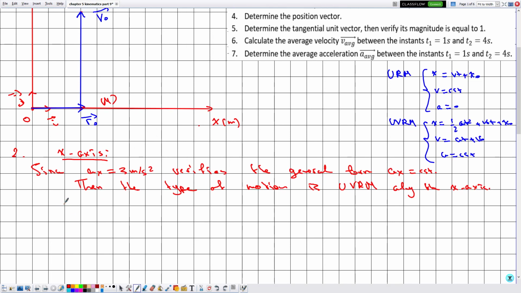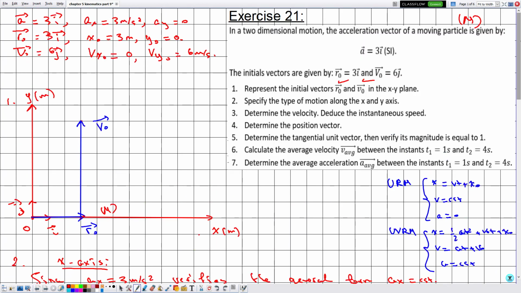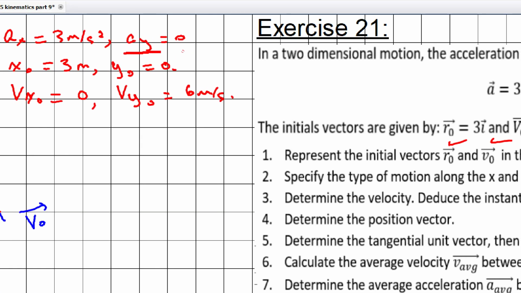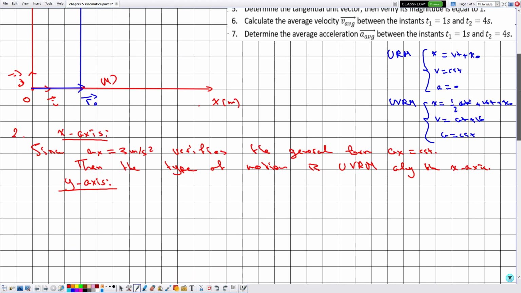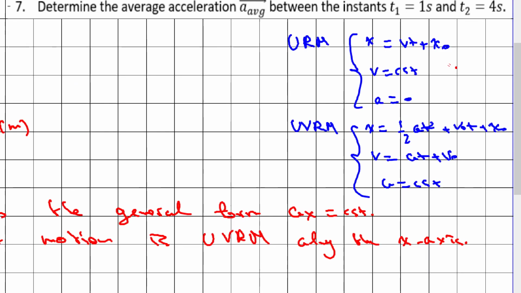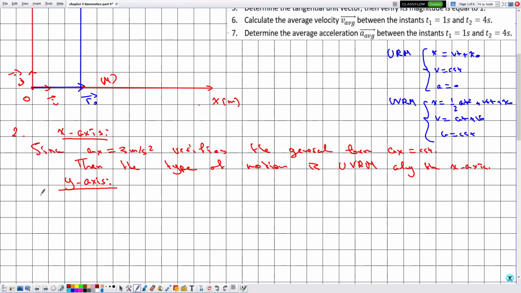As for the y-axis, now the acceleration along the y-axis is given by 0. Whenever the acceleration is given by 0 along an axis, then it is URM, since a of y is equal to 0 verifies the general form.